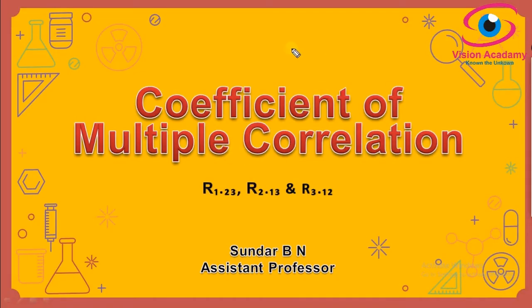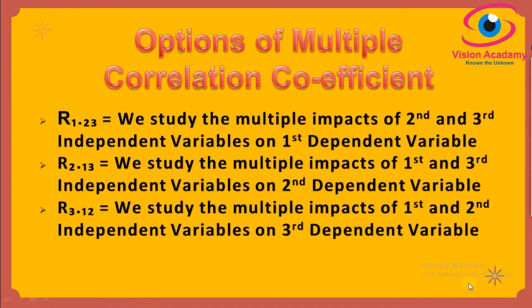This is the third video on multiple correlation, and in this video I will solve some problems on the coefficient of multiple correlation, to find R1.23, R2.13 and R3.12. The meaning, an example and some other things I have explained elaborately in my first video on multiple correlation.